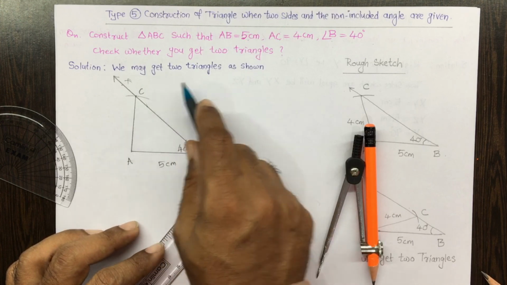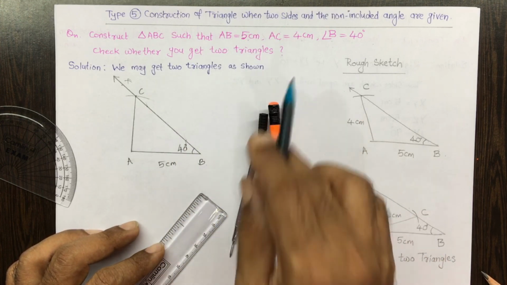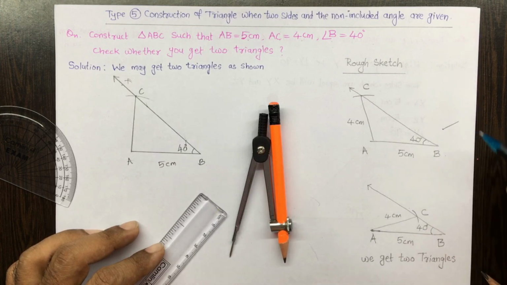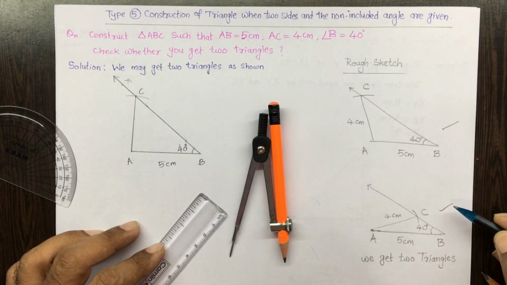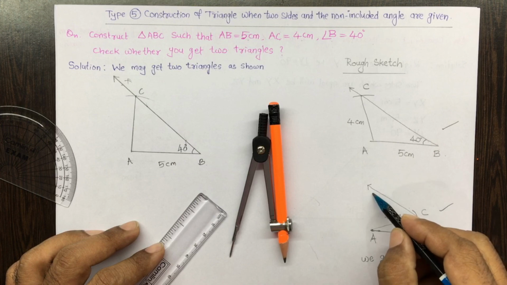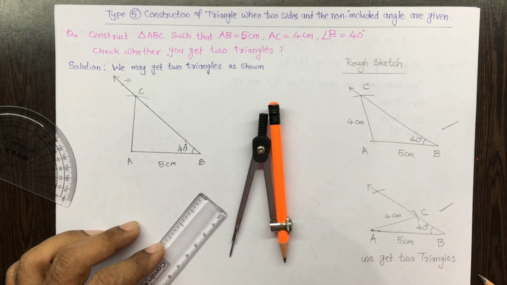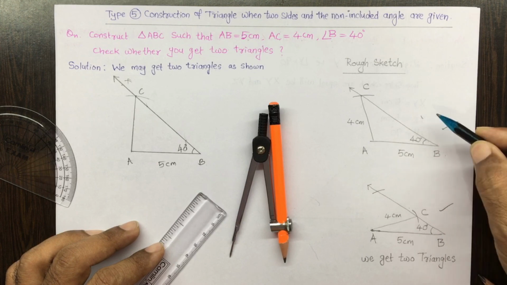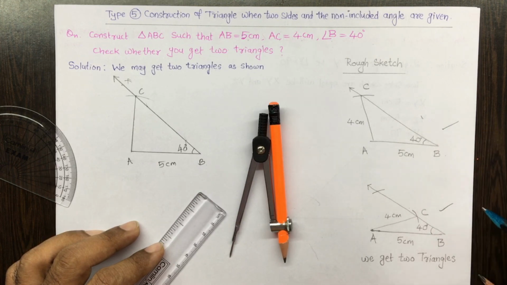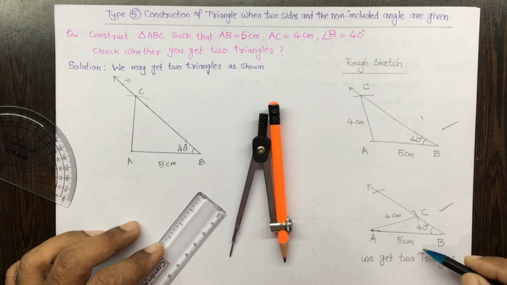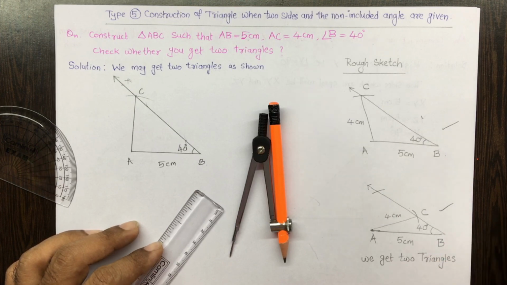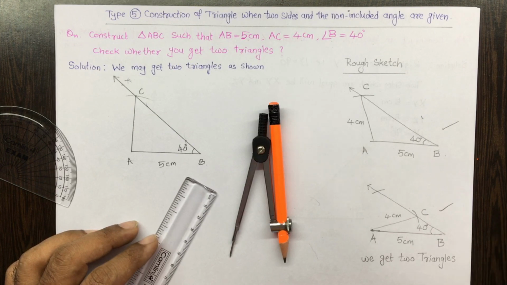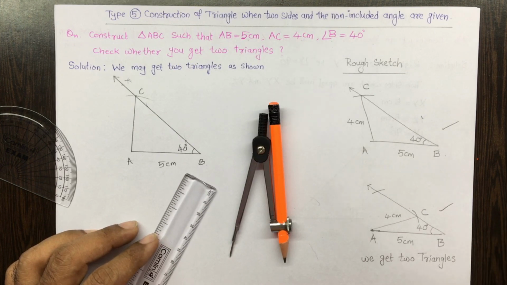So, we will get 2 triangles with this given measurements. You can see the rough figures, these 2 figures, you can get either triangle ABC with the given measurements, or else this one also with the same measurements. Okay. So, in this way we can construct the different types of triangles.